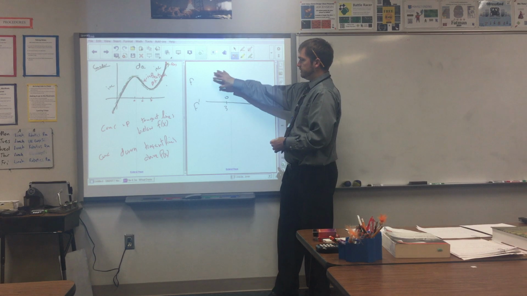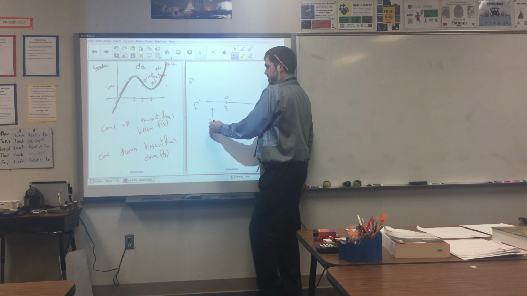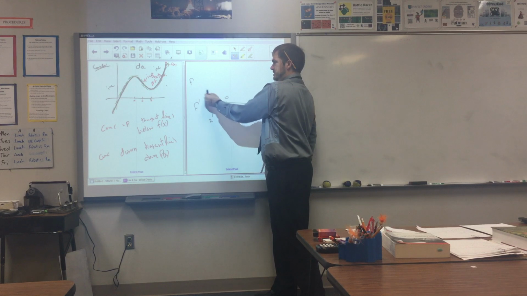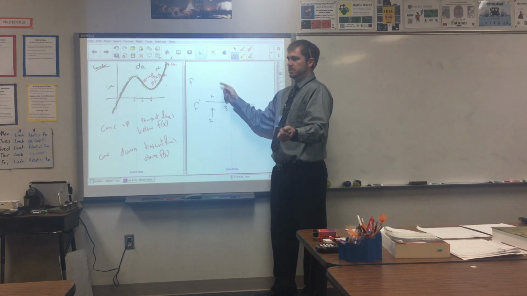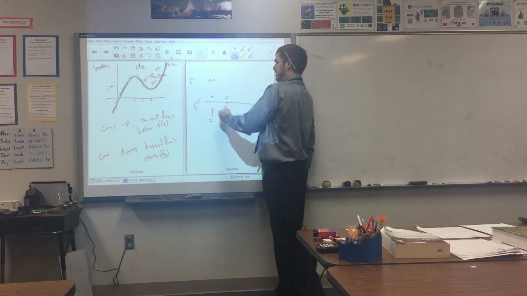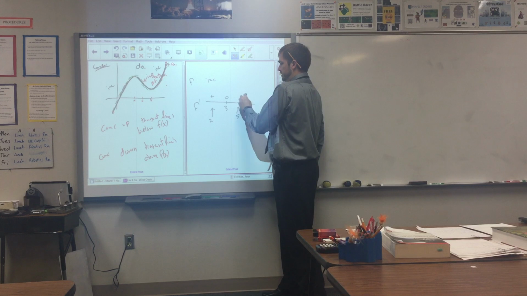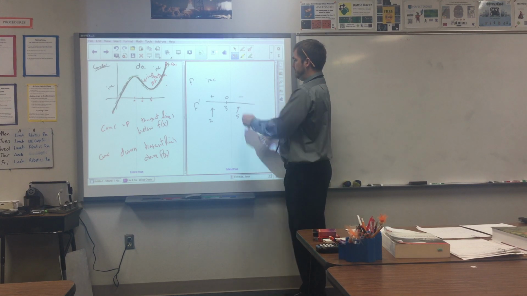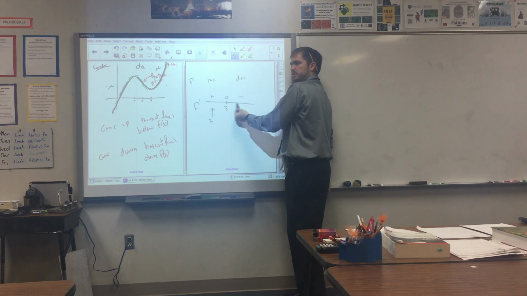The way that we find out the information about the original function is we plug in a value over here, like let's say we plug in 2, and when we plug that into the derivative we get a positive value. That tells us that in this region the original function is what? Increasing. And then we pick a value over here to the right of 3, maybe like 5 or something like that. And if it turns out that the derivative is negative, then the function must be decreasing in this range.